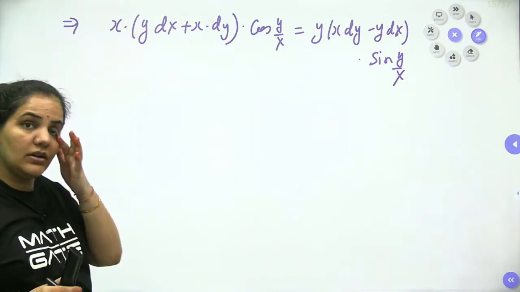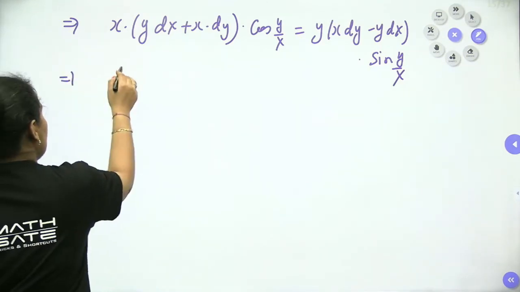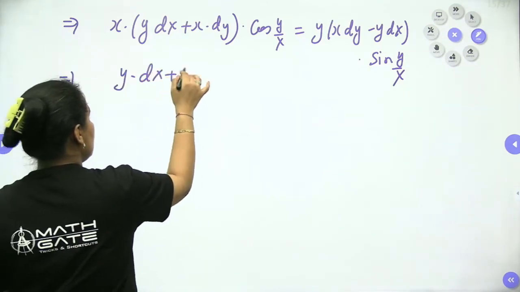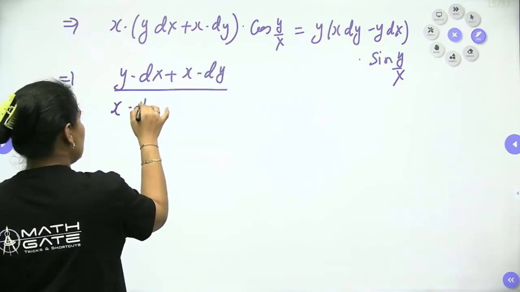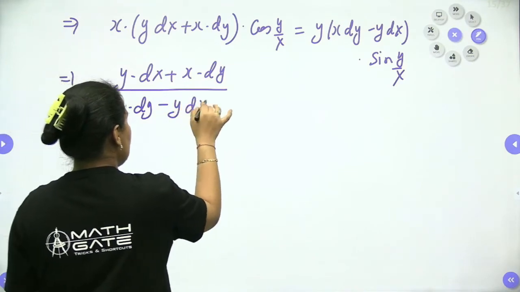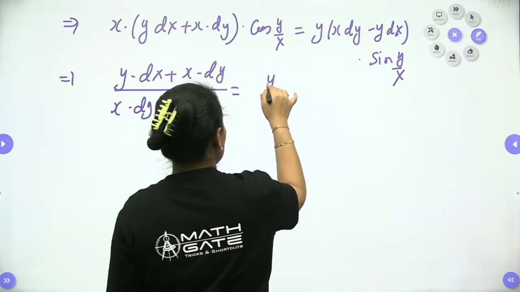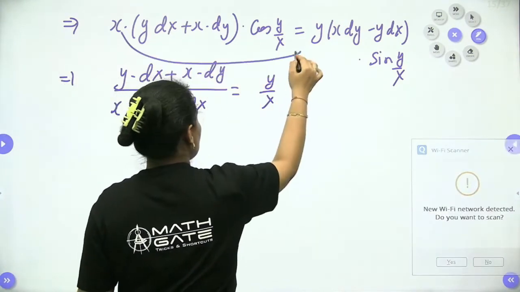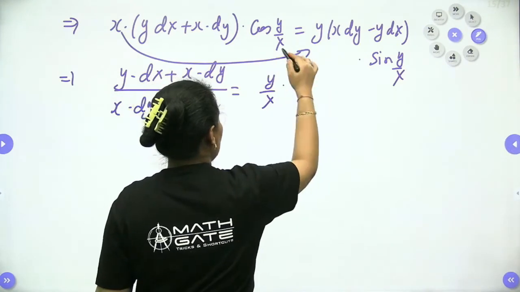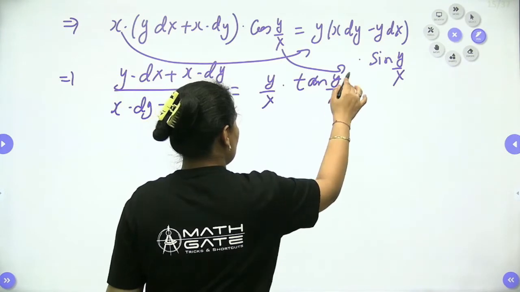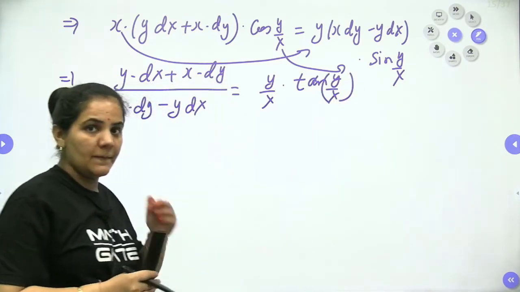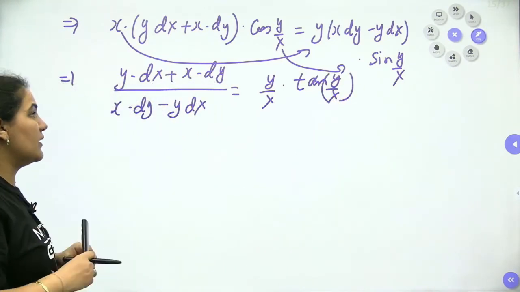Arranging the forms, cos by sine becomes tan of y by x. So my differential equation is looking like this.